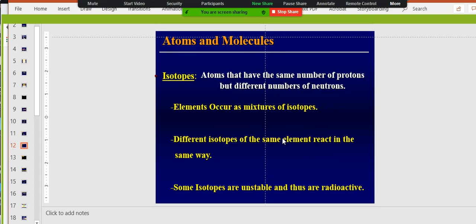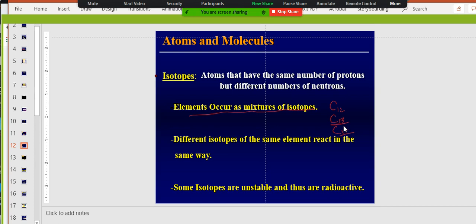All right, so that's an example of an isotope. And elements occur in mixtures of isotopes. So if we sampled all the carbon on Earth, remember we talked about carbon as one of the top 4, we would see that most of the carbon is carbon-12, and then about 1% is carbon-13, and then an extremely small portion is carbon-14.